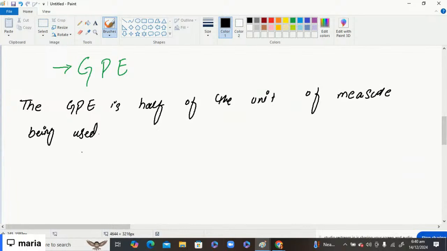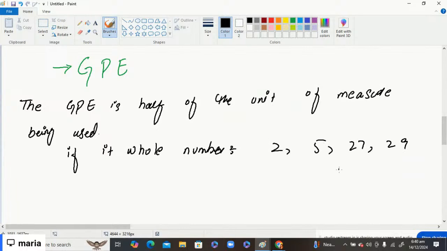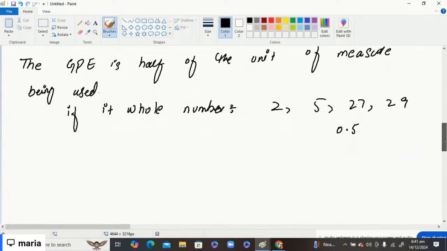For example, if the measurement is made to the nearest whole unit, like 2, 5, 6, 27, 29, then the greatest possible error is 0.5.